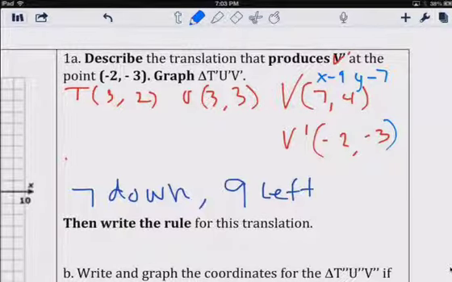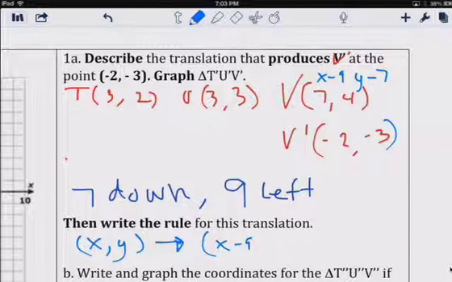And our rule is x, y. That's what we start off with. And it turns into x minus 9 and y minus 7. That's easy, huh, guys? Okay, that's translation now. Remember, that word is translation.